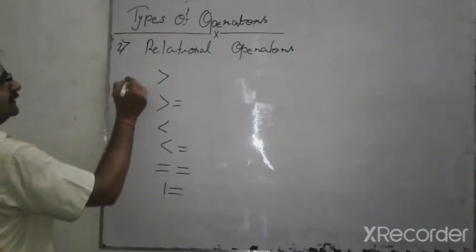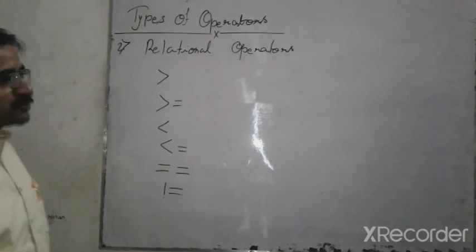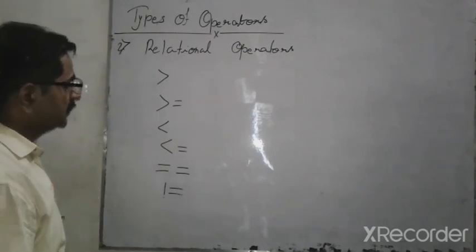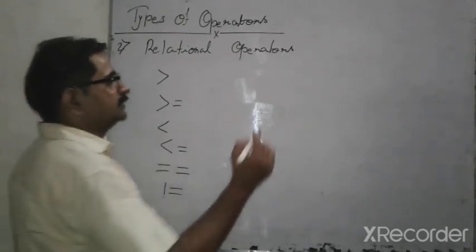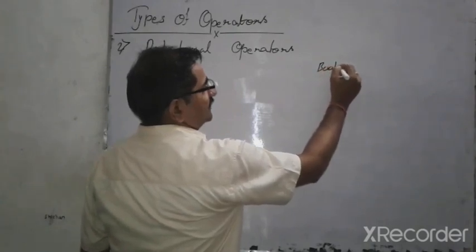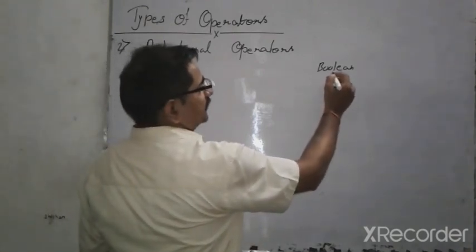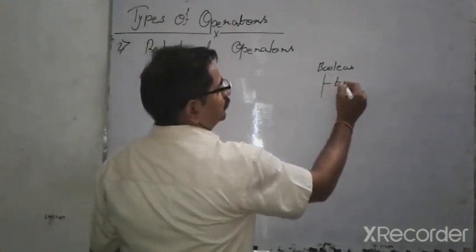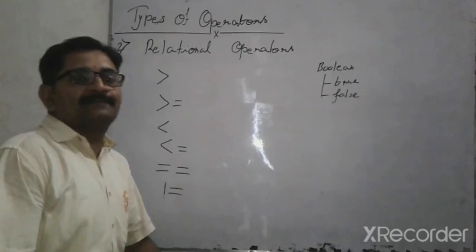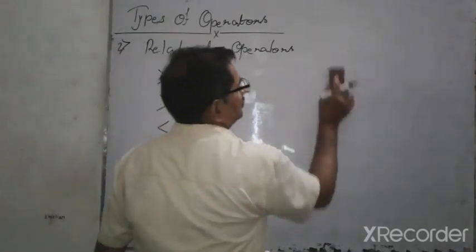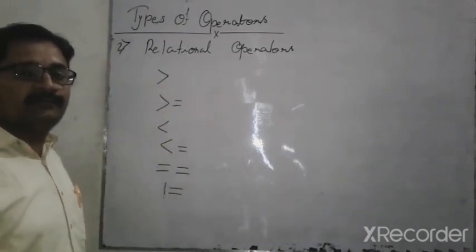These are the 6 relational operators in Java, which are used to compare values, and these operators return a value of Boolean type. You have studied this term in data types. Boolean values are true and false. These 2 values are known as Boolean values. So relational operators return a value of Boolean type.